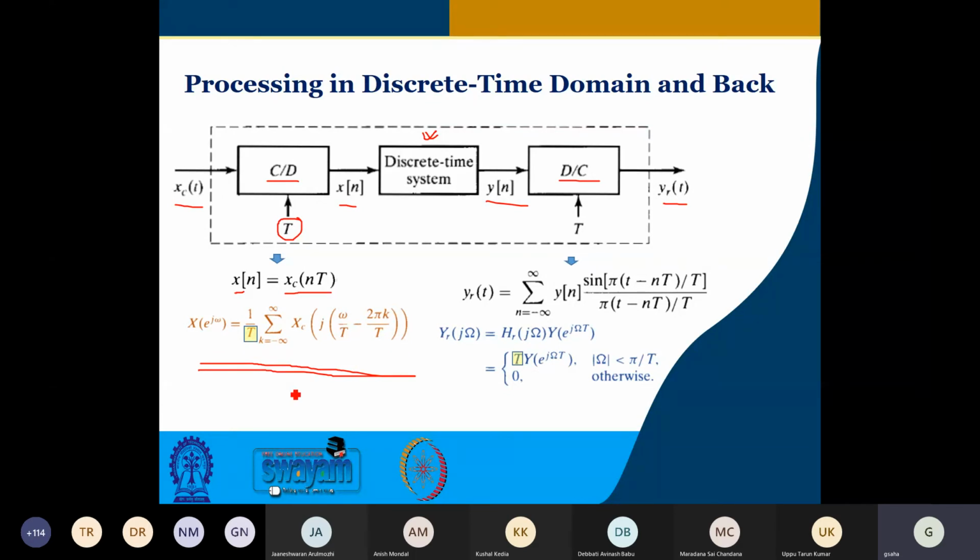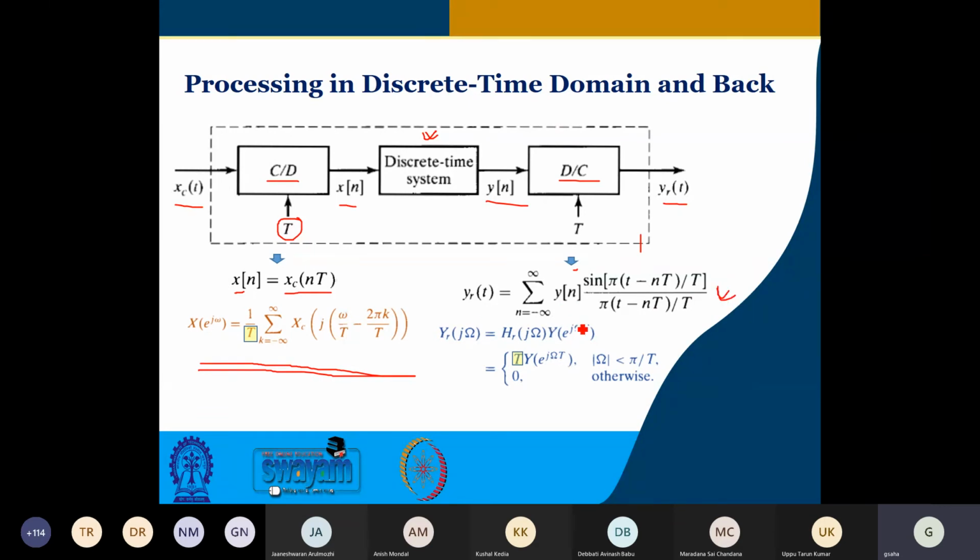Okay. And over here, if you look at this part of the block, this arrow sign, yr(t) and yn, how are they related? From the interpolation equation we just discussed, but there we discussed it for x. Now we are talking about y instead of x. So this is the basic equation, right?